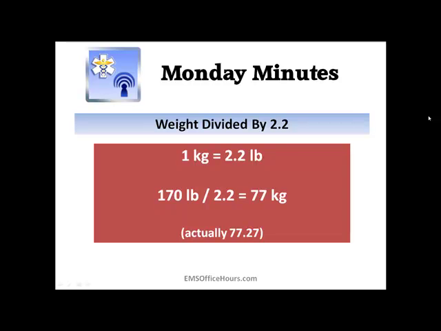It's actually 77.27, but we're going to round down or up depending upon what that point is, right? In this case, you're below the 0.5, so you're going to round it down and you'll be at 77 kilograms, right? This is an easy way to do it, especially if you have a calculator or something like that available to you. You have a smartphone you can use. You can go ahead and do that, right?